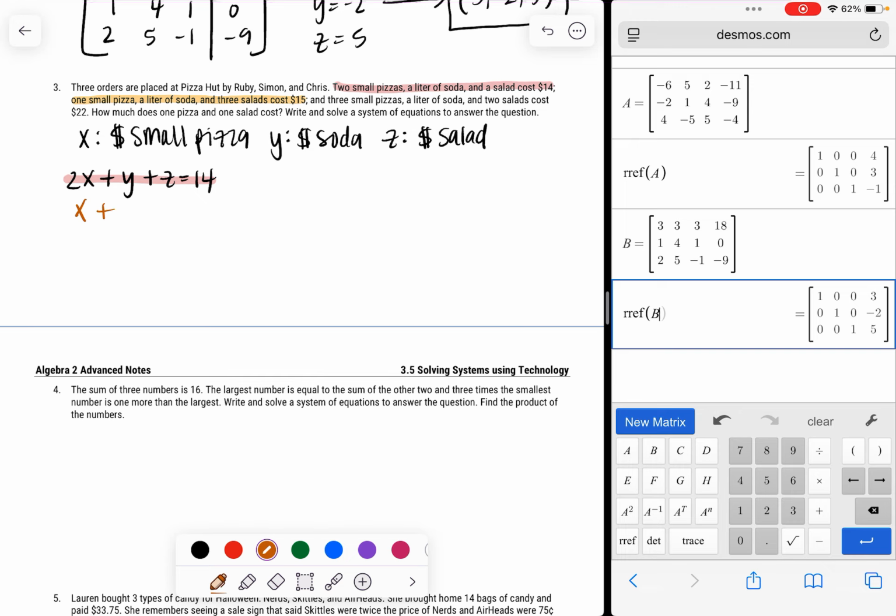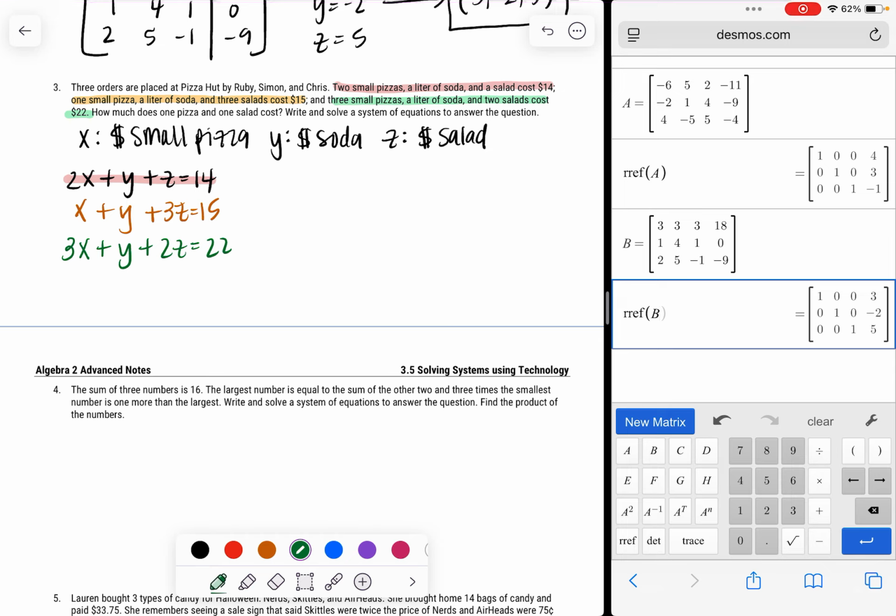So x, y, 3z cost $15. And then the last one, we have 3 small pizzas, a liter of soda, and 2 salads cost $22. So I'm going to have 3x, y, 2z equals $22.